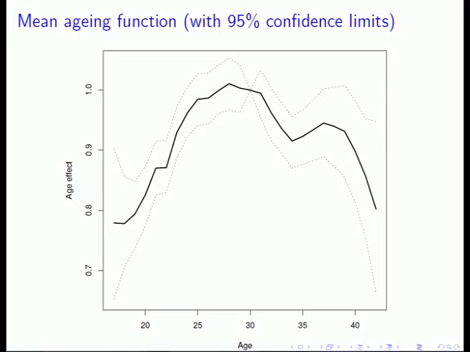Okay, so that's the fixed point. And so we've had a second order random walk smoother this side and another one going that way. As you might imagine, there are fewer players playing over 40 and fewer players playing under 20. We don't allow them to be playing under 17. And so the uncertainty there is larger.